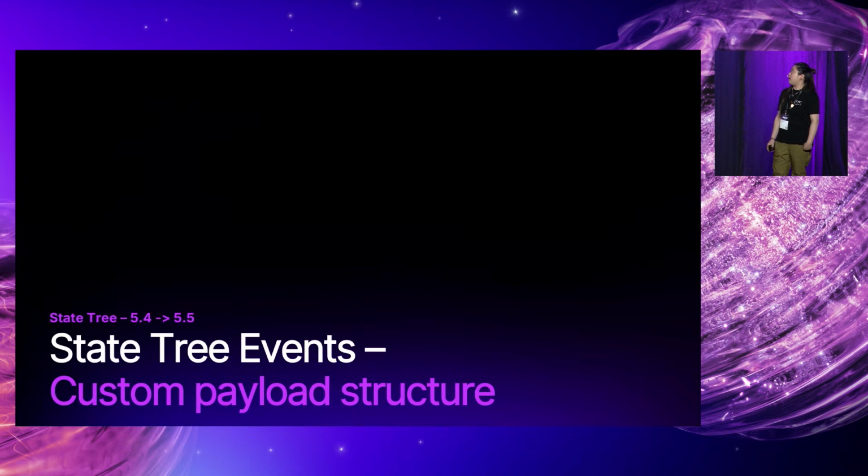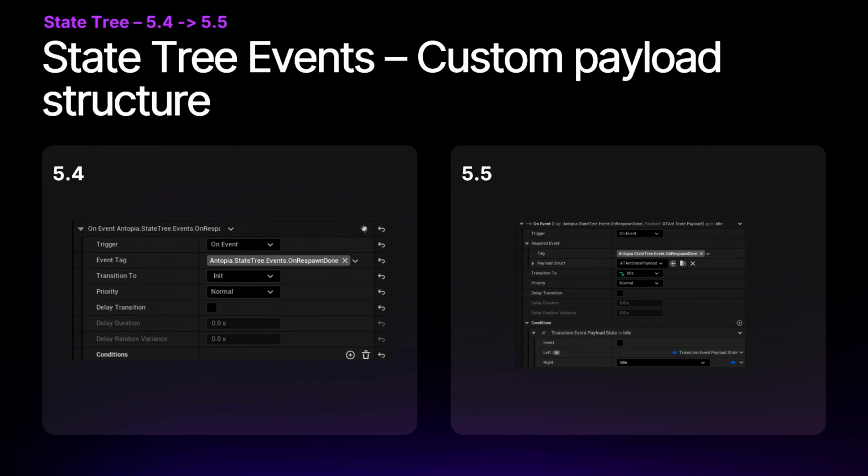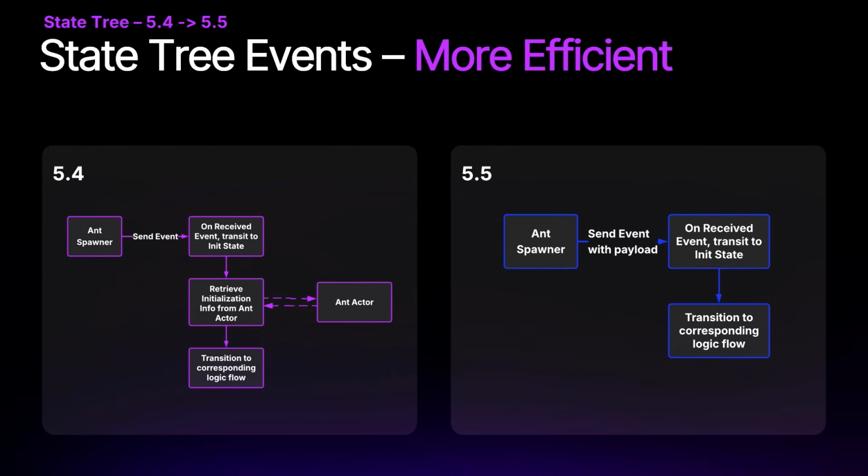One of the really useful new things is the custom payload structure. In 5.4, you can only send tags to trigger events, but in 5.5, you can send them with a custom payload structure. To use our ant's initialization state as an example, in 5.4 we have to send a tag trigger.